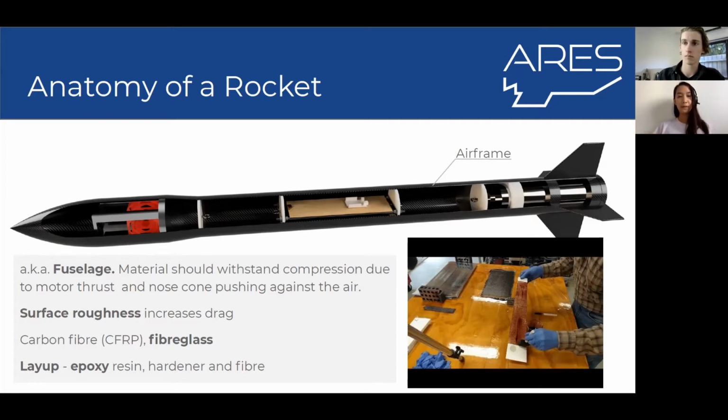That dries out, and then you end up with very hard and strong carbon fiber. Of course, it's quite brittle as well, but we're more interested in the fact that it has to be strong against compression, and it's not too bad that it's brittle.